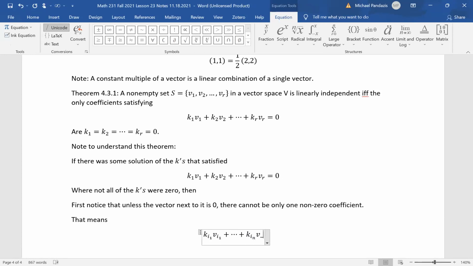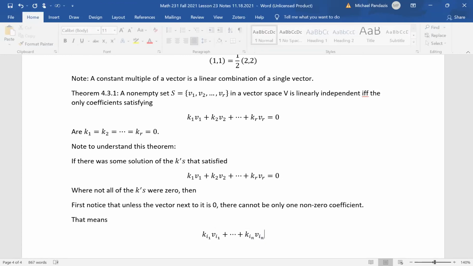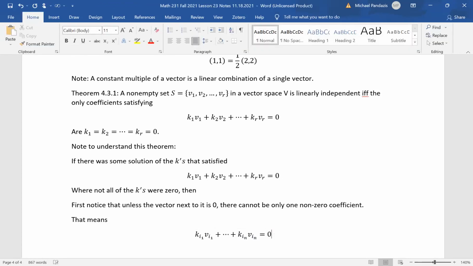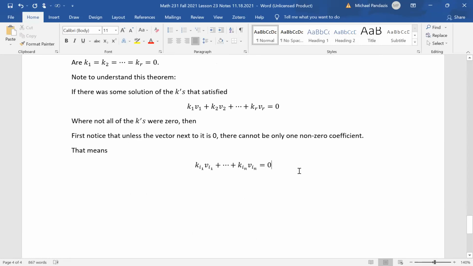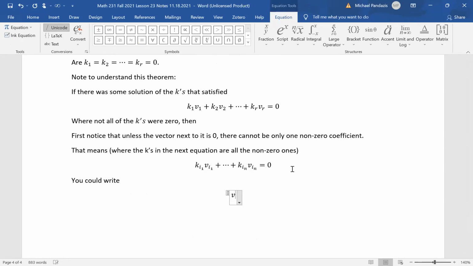These would be the coefficients that were non-zero, and then you'd say it equals 0. Then you could just move things around, where the k's in this equation are all the non-zero ones, right? And so then you could write that one of those vectors, let's say v sub i1, you choose any one you want, would then equal the negative of the rest of it.